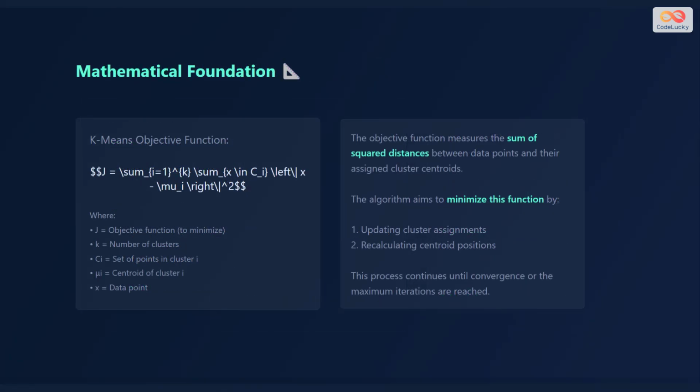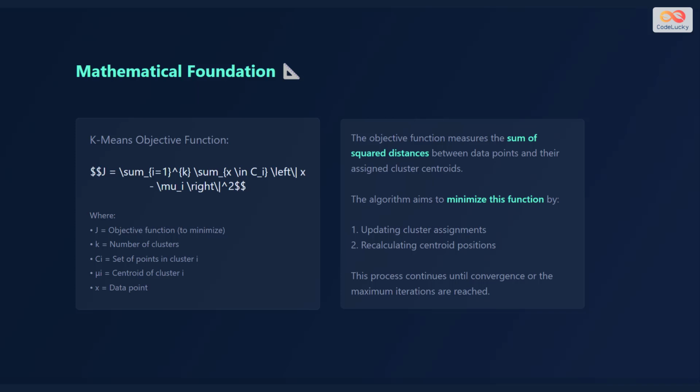Let's explore the mathematical foundation of k-means. The k-means algorithm aims to minimize the objective function J, which is the sum of squared distances between data points and their assigned cluster centroids. The objective function is represented by the formula J equals the sum from i equals 1 to k of the sum of x in C subscript i of the square of the norm of x minus mu subscript i.